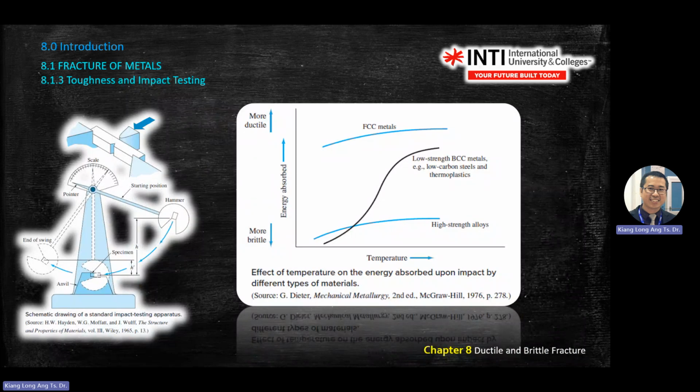So you have all these graphs. You have energy absorbed versus temperature. If you increase the temperature, FCC metal will always be high, and low-strength BCC will give you a curve. If you increase the temperature, the energy absorbed also increases. High strength is also the same, if you increase the temperature, the energy absorbed will be higher.